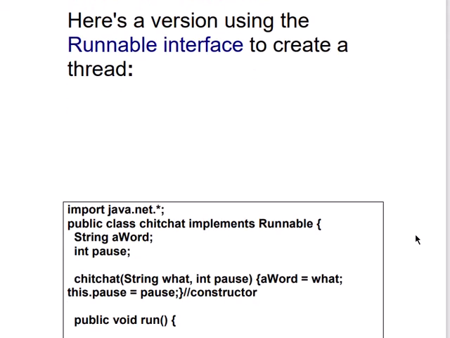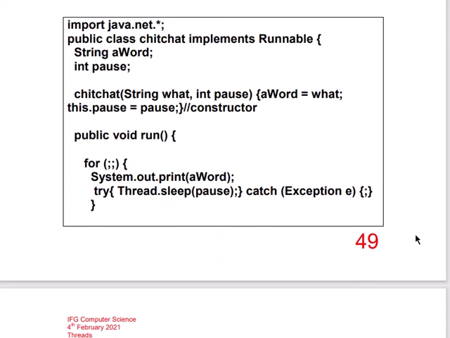So, okay, I've got a Runnable interface example. Here I've got a class called ChitChat that implements the Runnable interface, and again I can use the constructor for ChitChat to plug in parameters like what I want to be output, and after what period of time I need to wait.